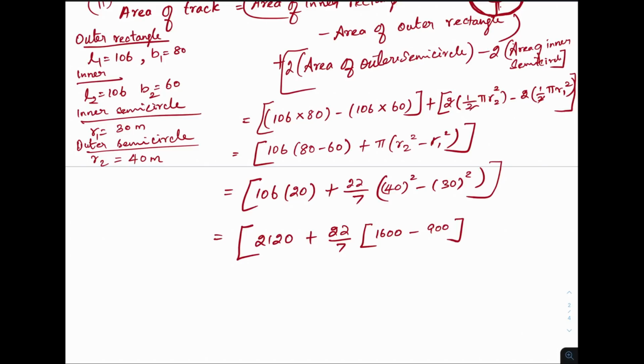So 1600 minus 900 gives 700. So 2120 plus 22 by 7 into 700.